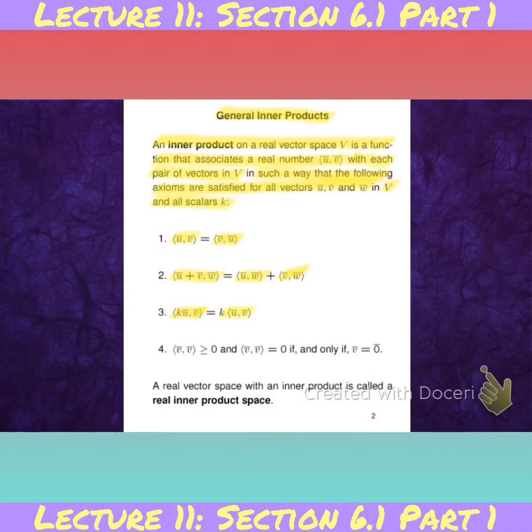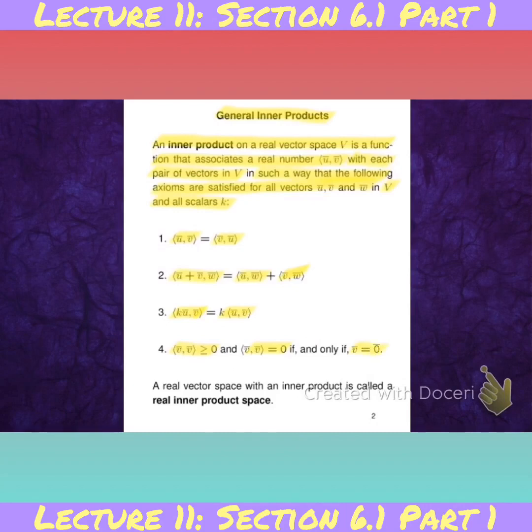And then also the inner product of a vector with itself is always bigger than or equal to 0. And you have that the inner product of a vector with itself is exactly equal to 0 only if the vector v is the 0 vector.